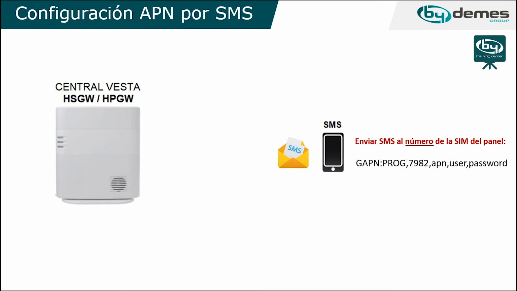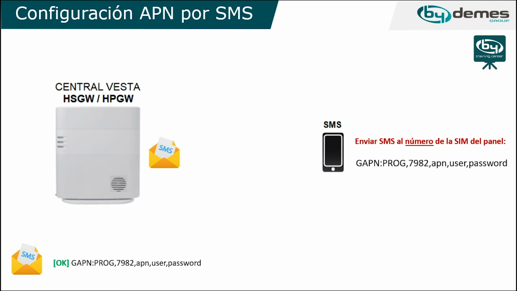The installer code, which in this case, if not changed, is 7982, the company's APN in use, the username and password. In case you don't have a username and password, don't put anything and just send a text message. Once the panel receives the SMS, it will respond with an OK. By doing this, we have programmed the APN of our VESTA panel and transmission via GPRS.